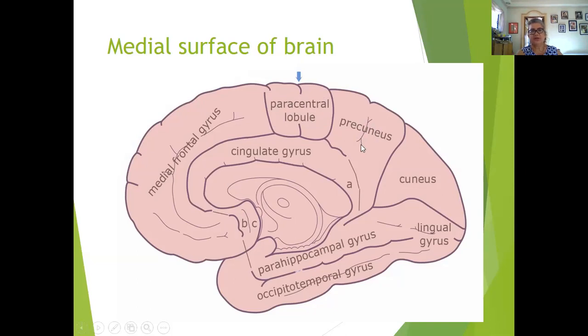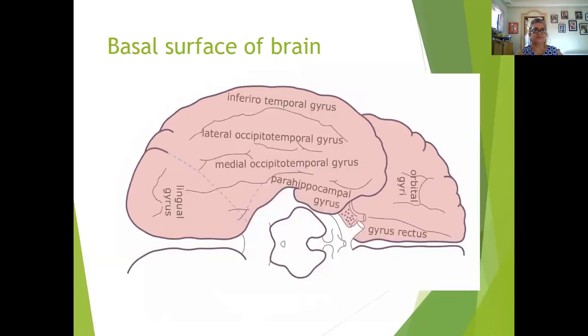Your precuneus belongs to your parietal lobe. Then what will separate here will be your parieto-occipital sulcus, which will separate your precuneus from your cuneus. Then you will have here your calcarine sulcus, which will intersect with your parieto-occipital sulcus.